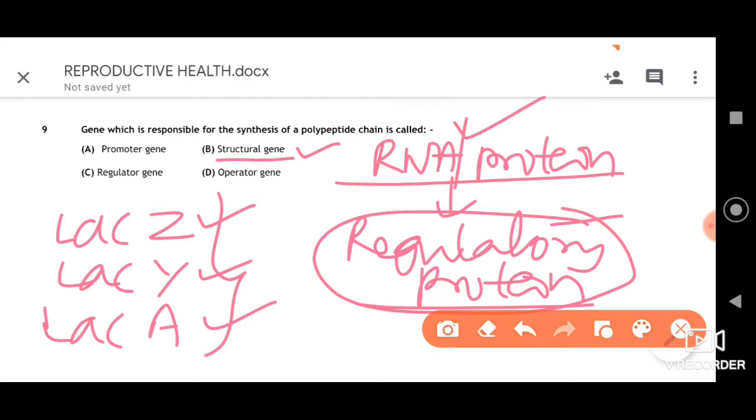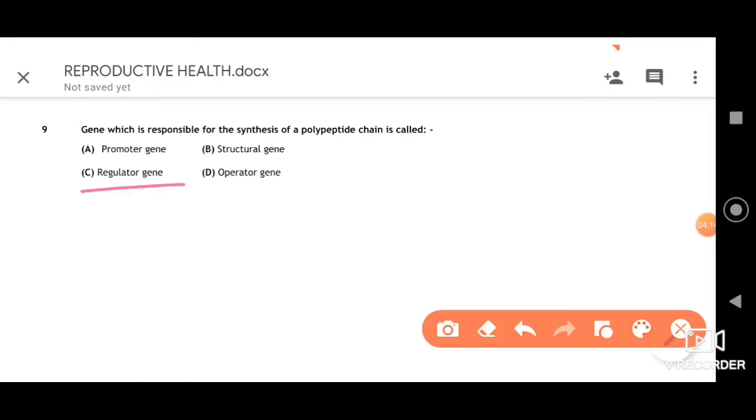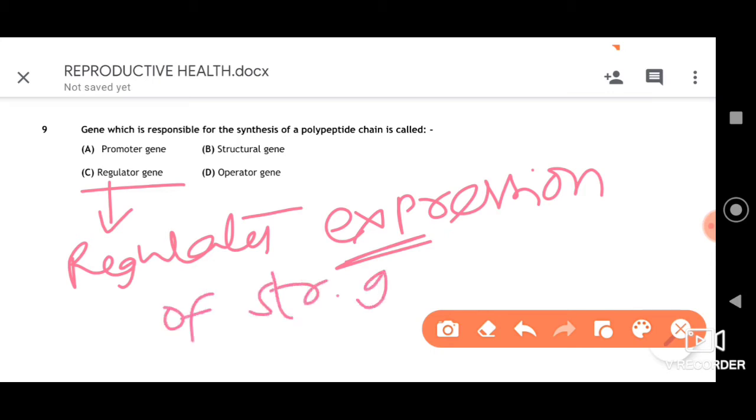Now let me make you understand what a regulatory protein is all about. Whichever gene regulates the expression of, or helps in the expression of, structural genes, those types of genes, dear friends, are referred to as the regulatory gene.